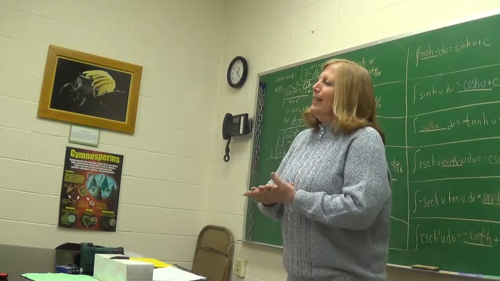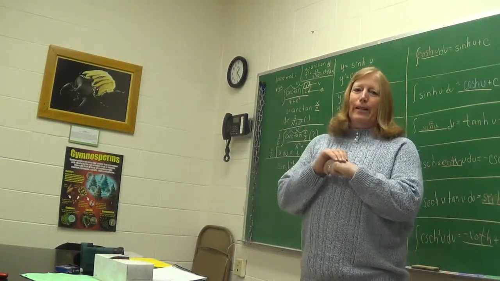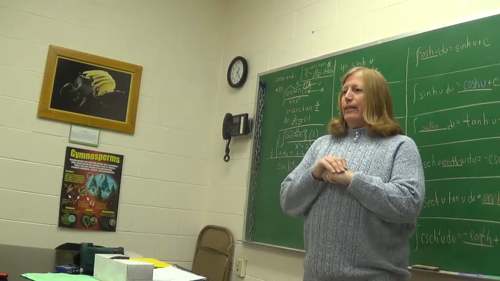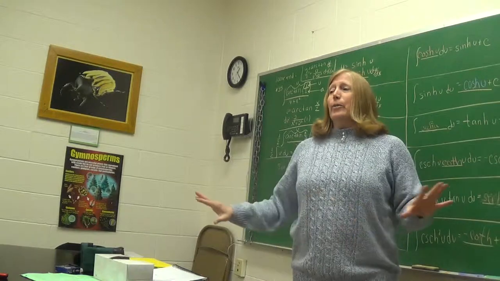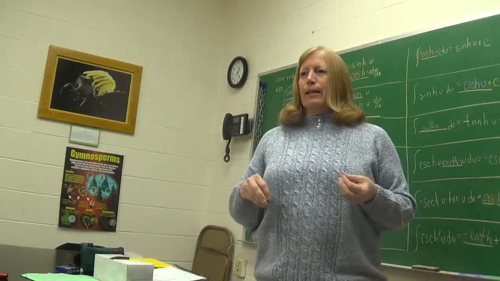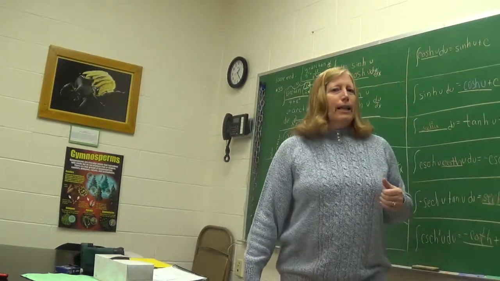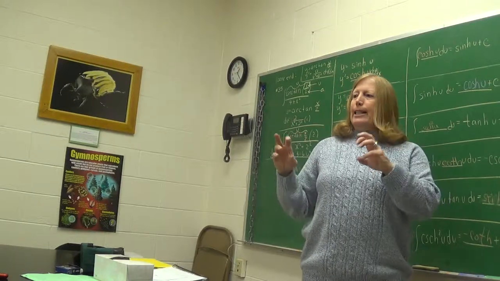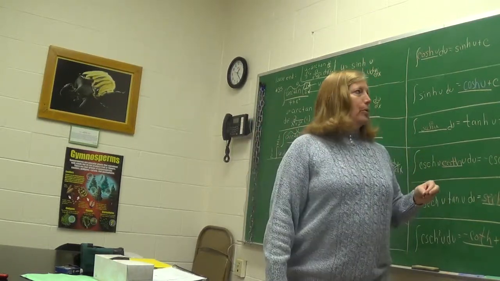So I have nothing else prepared except work on these. Since we haven't done any work, one day we looked up the hyperbolic sine of 3, remember we were using our calculator. And then we took some identities and we did sine squared minus cosine squared equals 1.